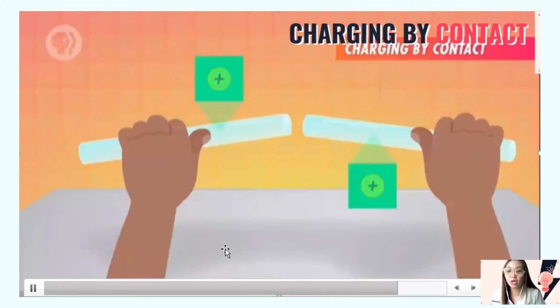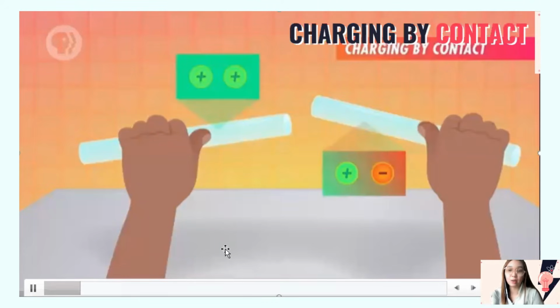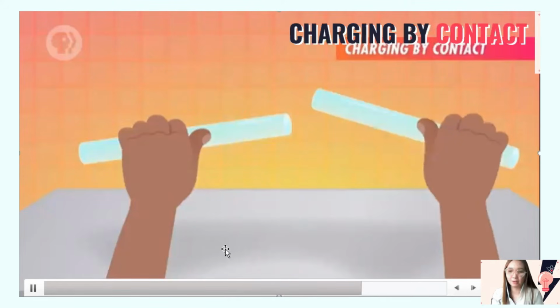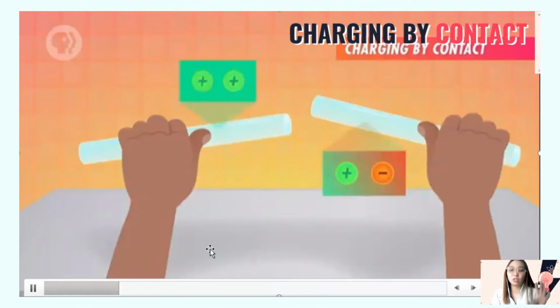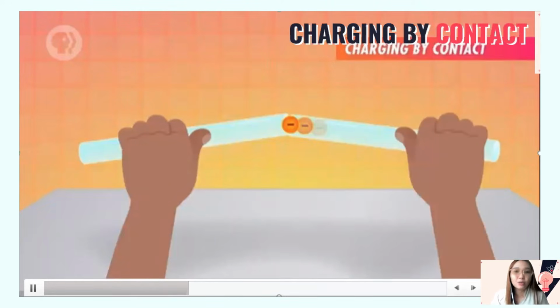So, this is charging by contact. Kapag nagkaroon ng contact, yung isa unbalanced, yung isa balanced, ang tendency ni electrons ay i-equalize or i-normalize, or mag-pair sa lone positive charge. So, yun yung second method, charging by contact.